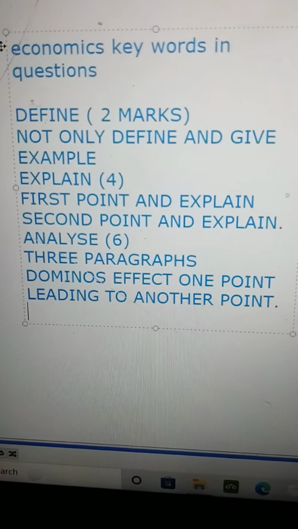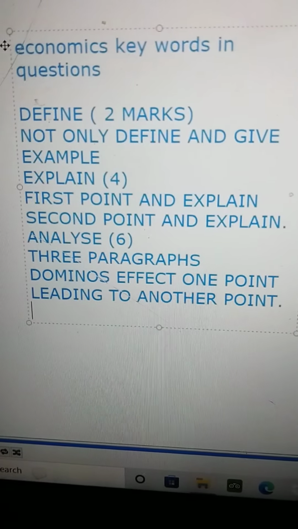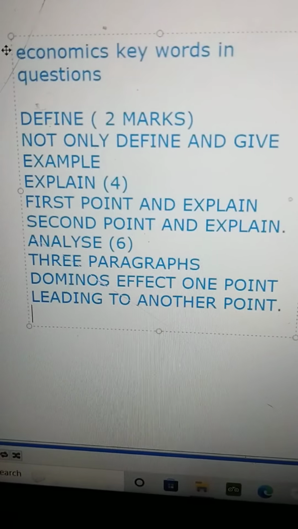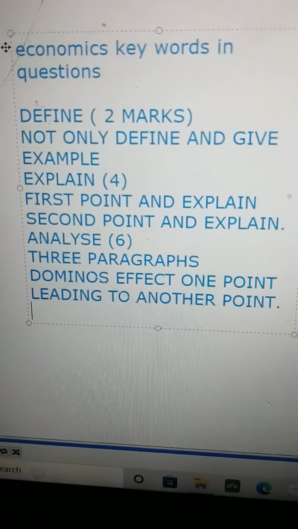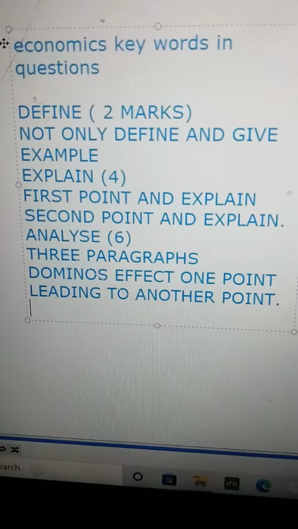The examiners, when they check the paper, according to the workshops I've attended, many of them, the principal examiner says that we always have Google search in front of us. So whenever we are not sure about anything, we will Google search it and check whether the student is writing something wrong.